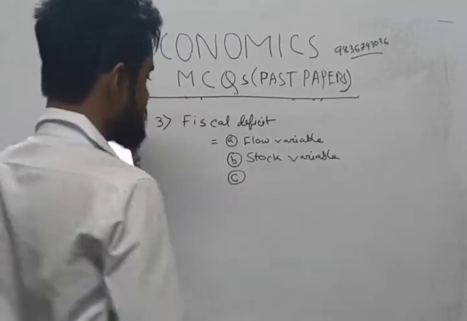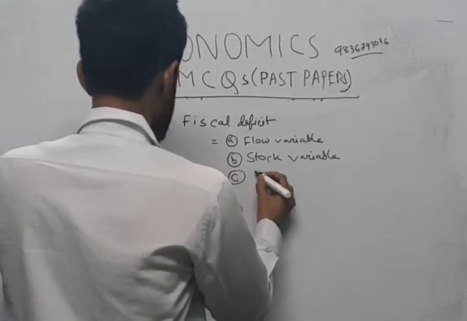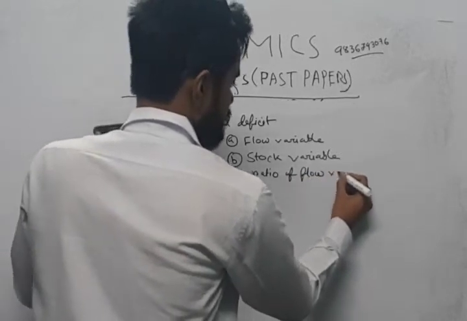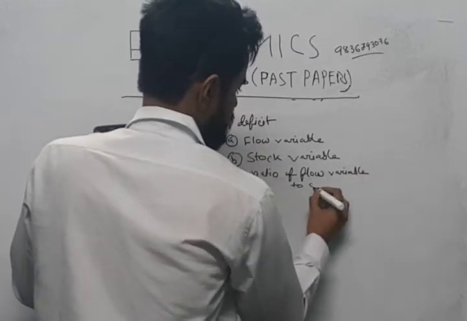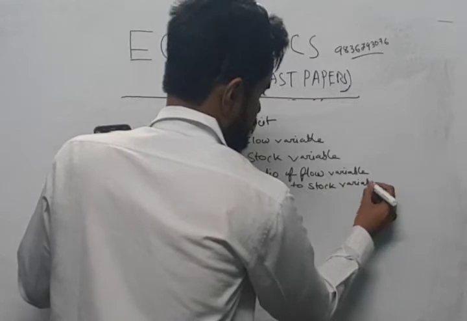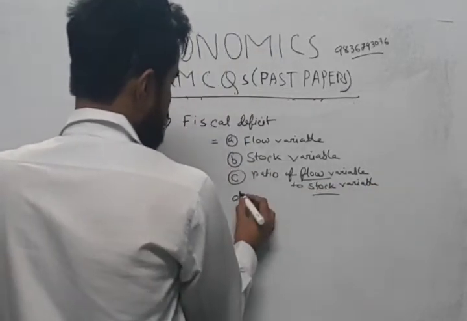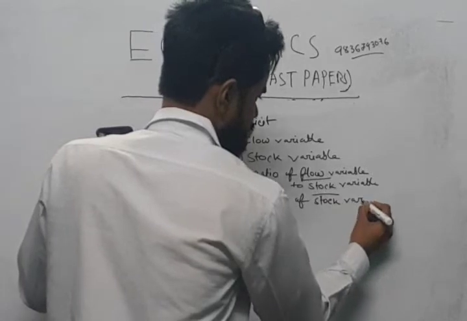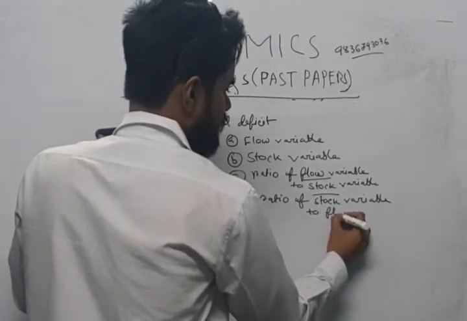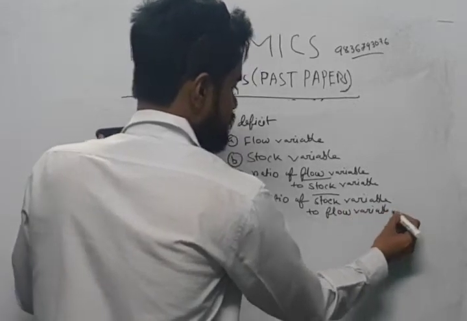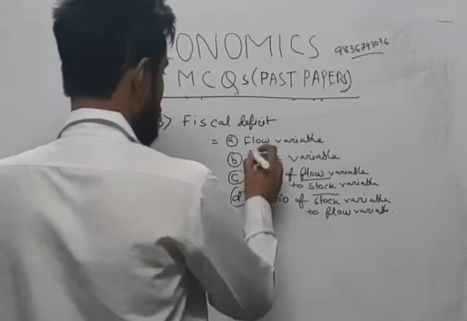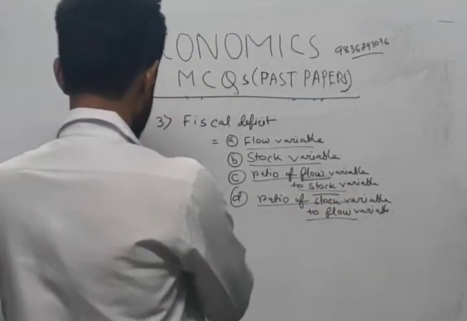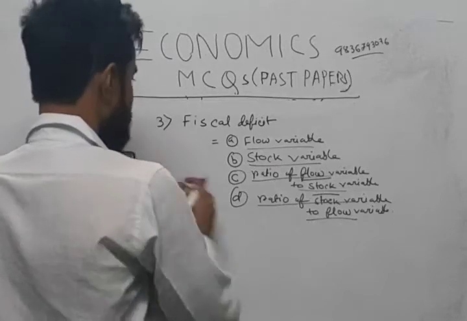Option C is ratio of flow variable to stock variable, and option D is ratio of stock variable to flow variable.